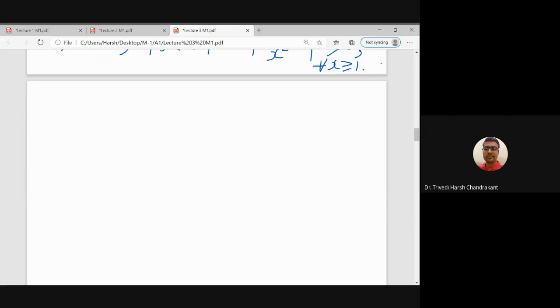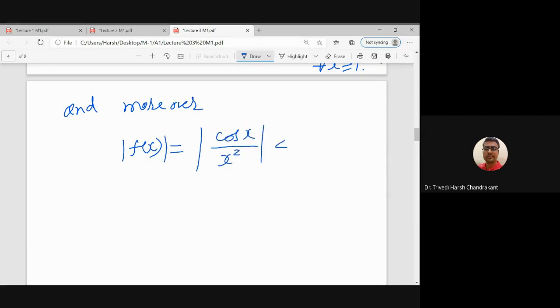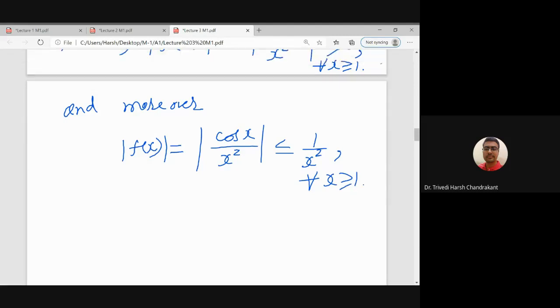Moreover, modulus of f(x), which is modulus cos x divided by x square, is less than or equal to 1 upon x square for all values in the domain of integration.